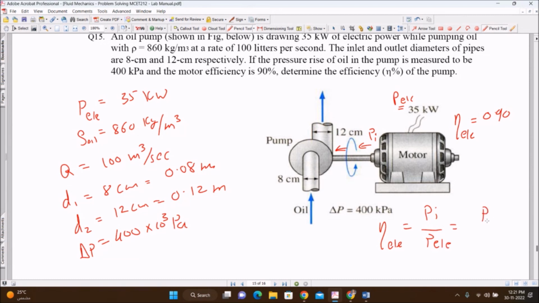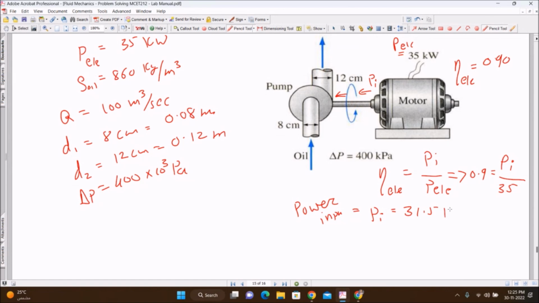So 0.9 is equal to PI divided by 35. So PI, the power input to the pump, is 31.5 kilowatt.